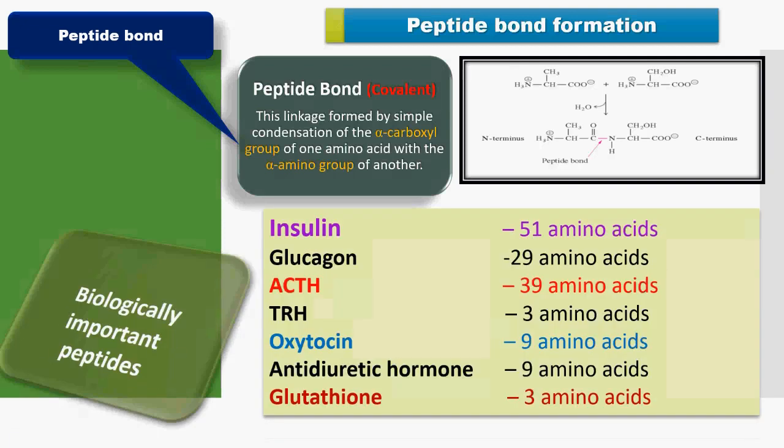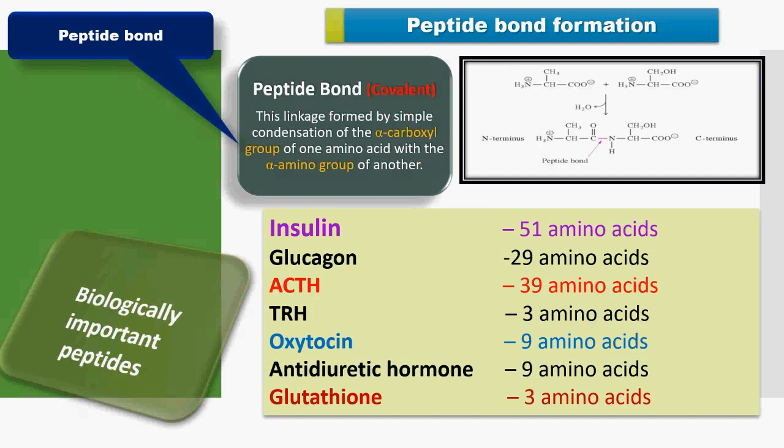The biochemically important peptides include the following list. If you can see my presentation, insulin, for example, contains 2 chains with a total of 51 amino acids.